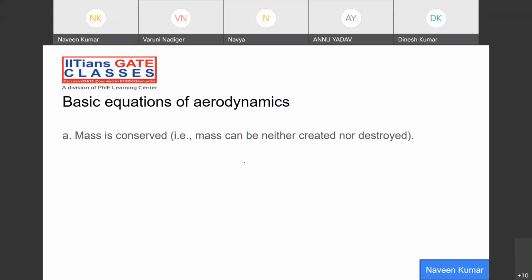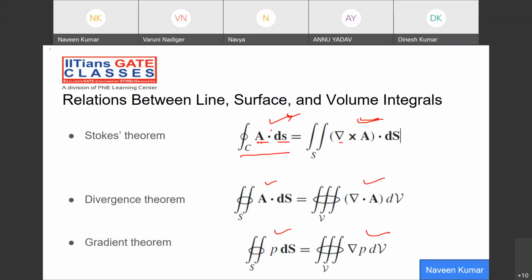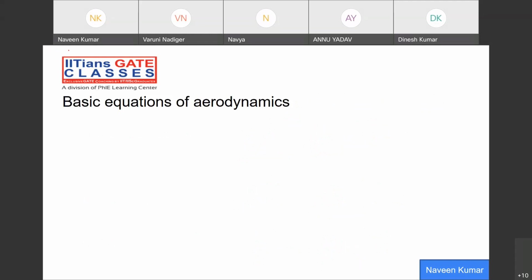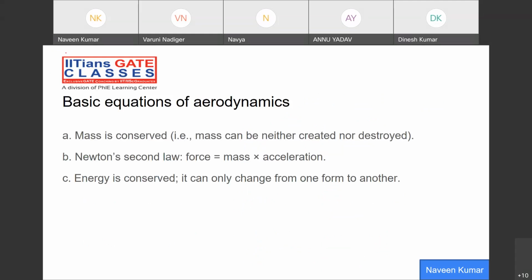So basic equations of aerodynamics. Yes, these were the basic things that I just wanted to touch. I don't want to enter into too much detail, because you know it very well. Then the basic equations: mass is conserved. Mass can neither be created nor destroyed. Then Newton's law, force is mass into acceleration, the momentum equation.